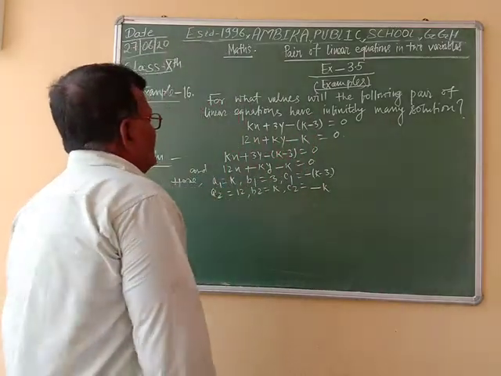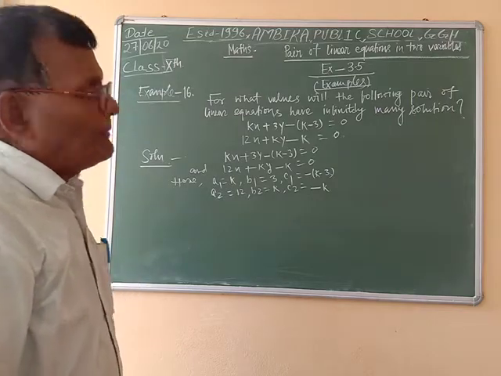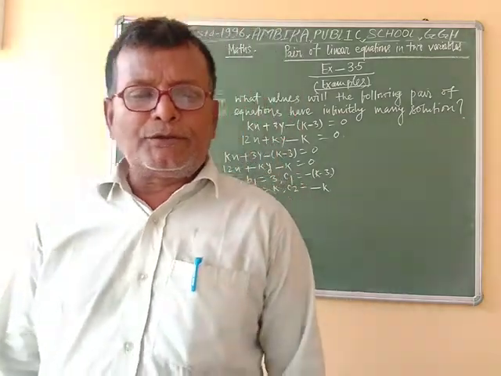We have learned that the equations have infinitely many solutions if a1 by a2 is equal to b1 by b2 is equal to c1 by c2.